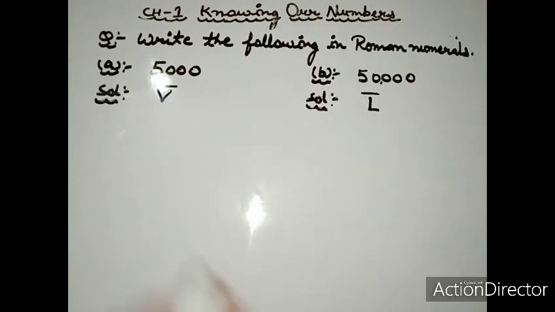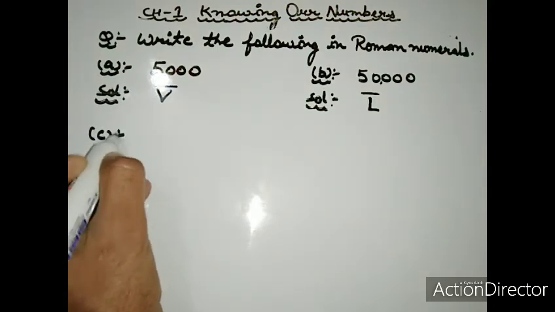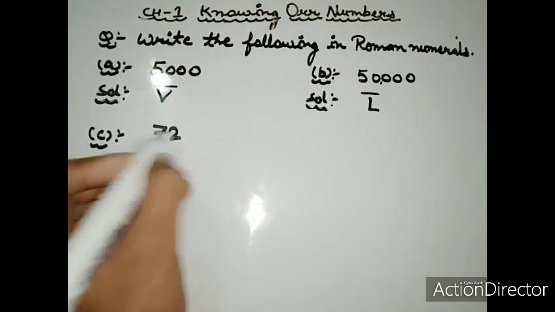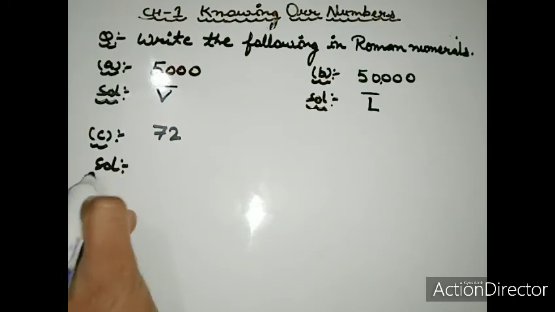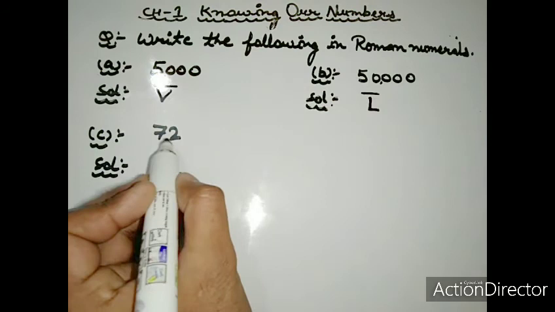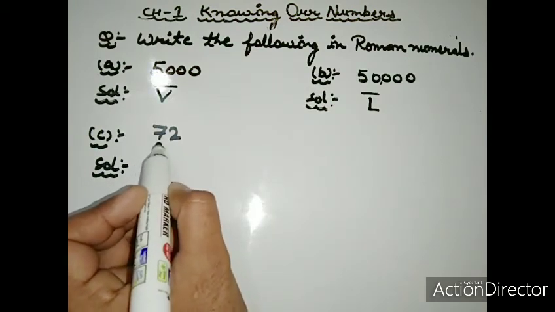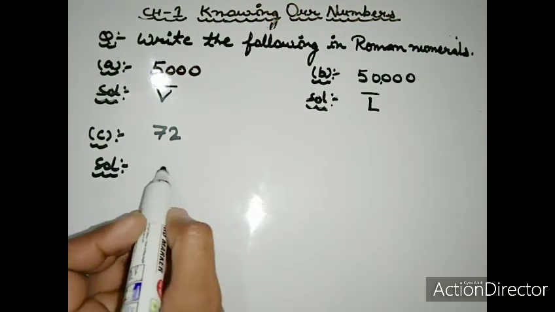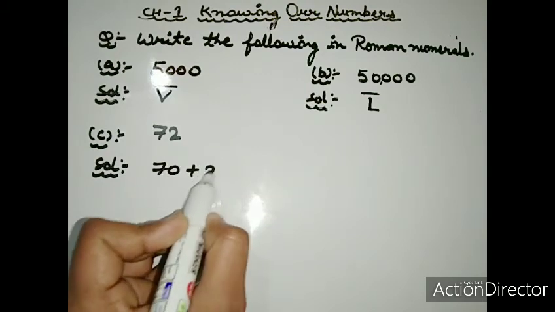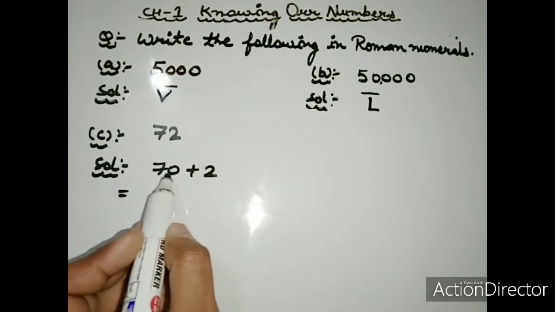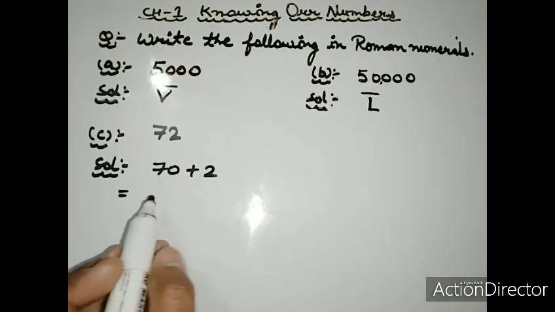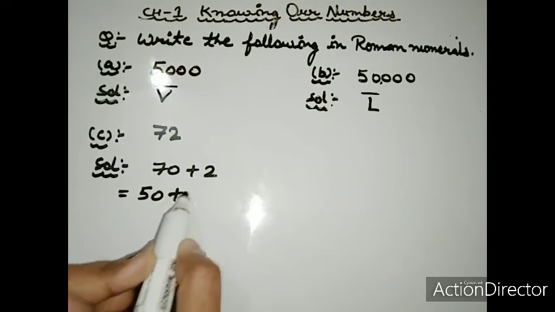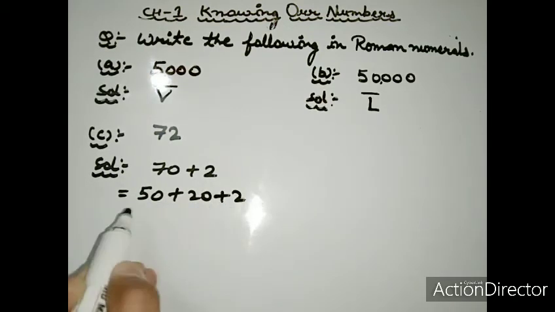Now here we want to write 72 in Roman numerals. Now here we make two parts of this question, 70 and 2, meaning 70 plus 2, and 70 is also distributed in two parts, 50 plus 20 plus 2.